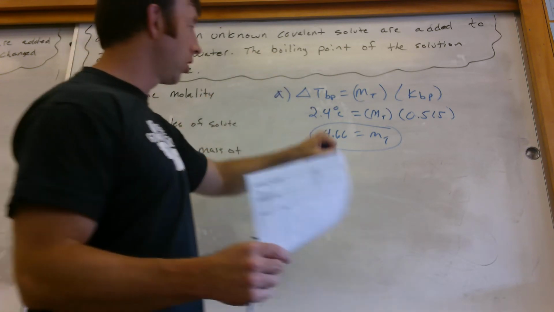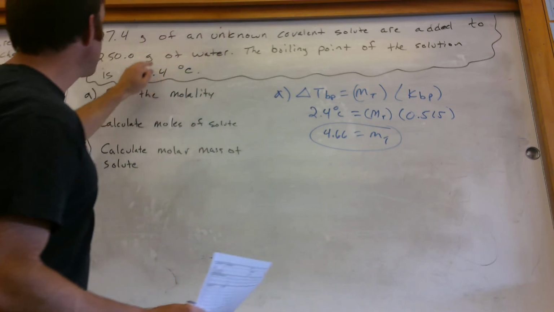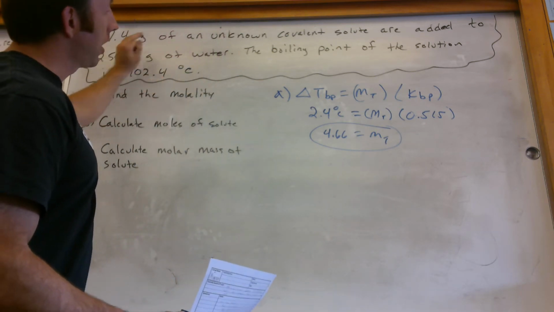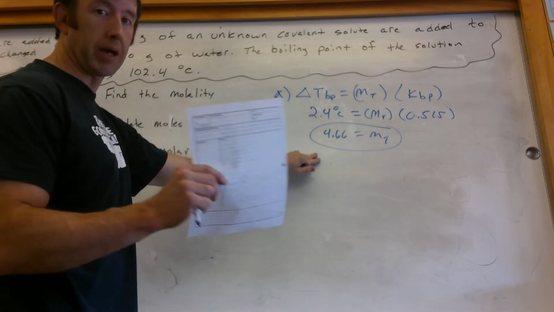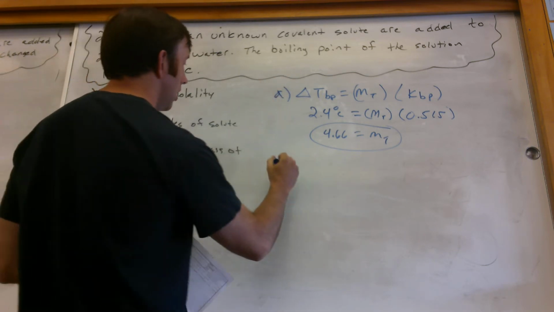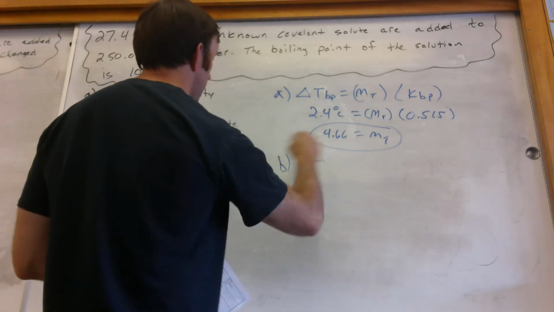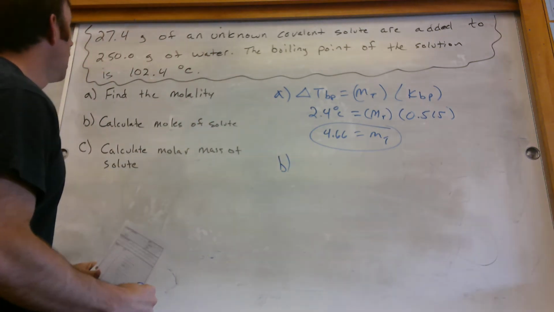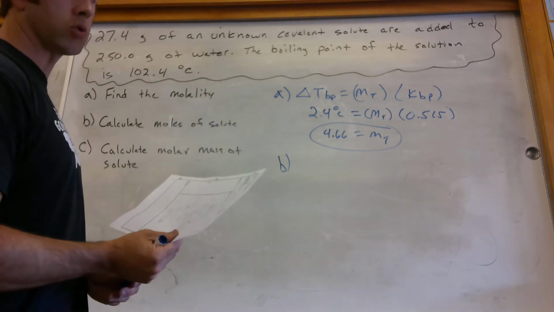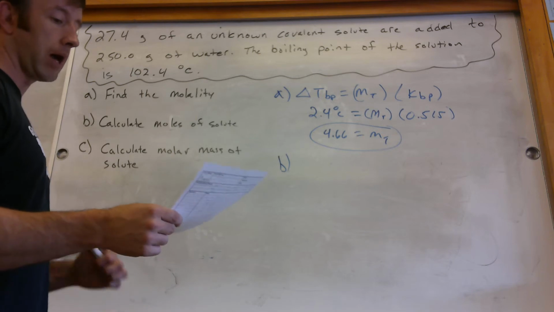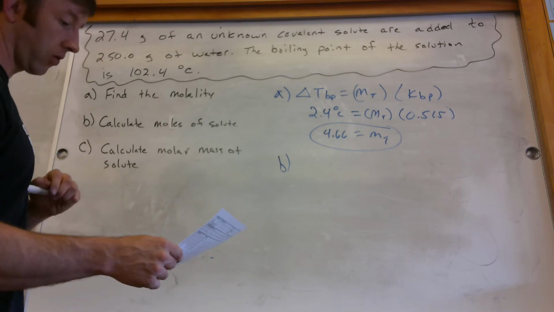All right, so now that I know boiling point and the mass of my covalent solute, I also know the molality of my covalent solute, which is useful for step B, because I'm going to use that molality plus other information I know to come up with my moles of solute. All right?